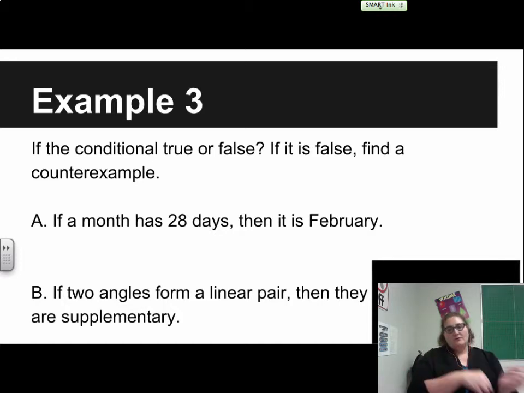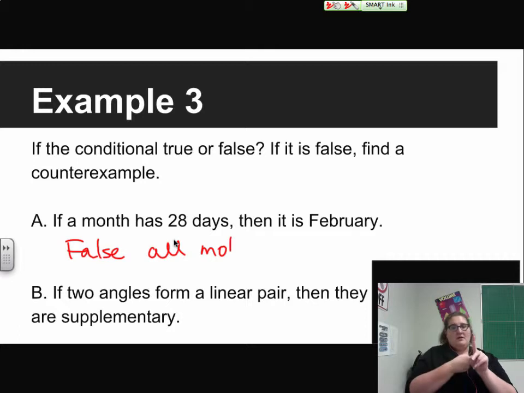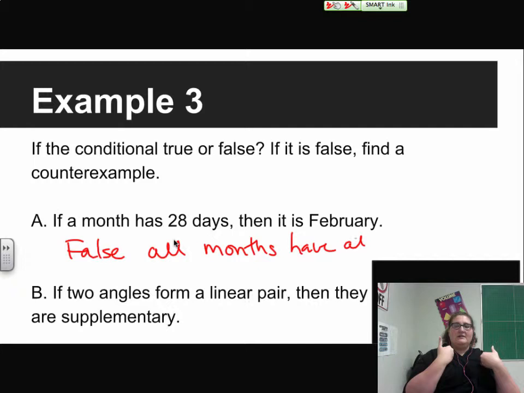And so this is false. All months have at least 28 days.